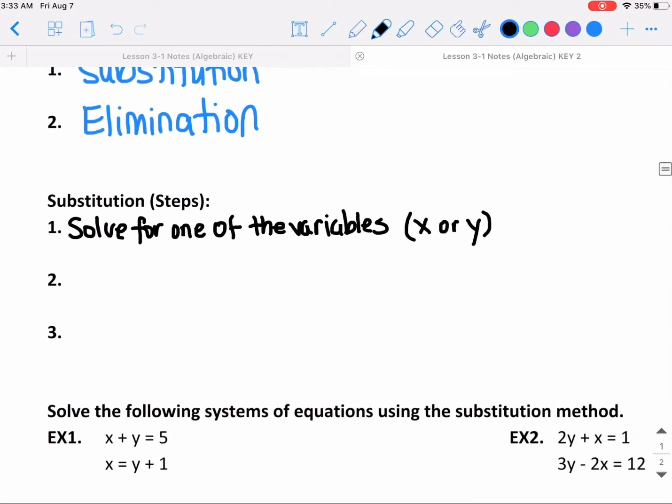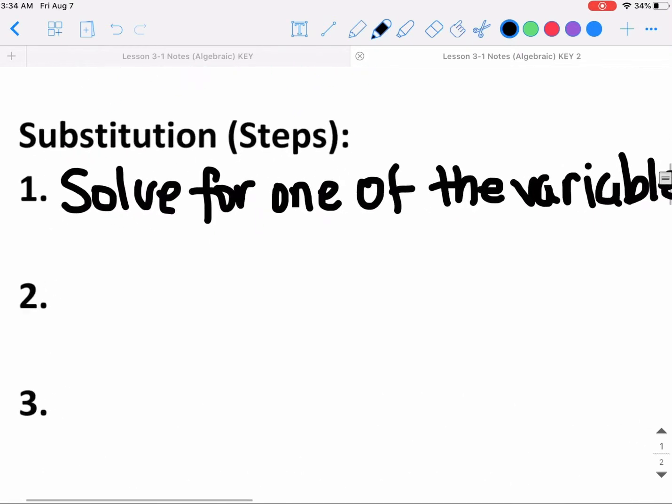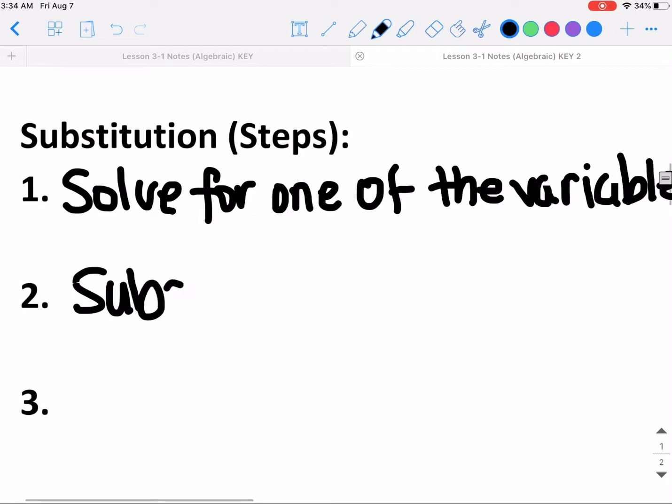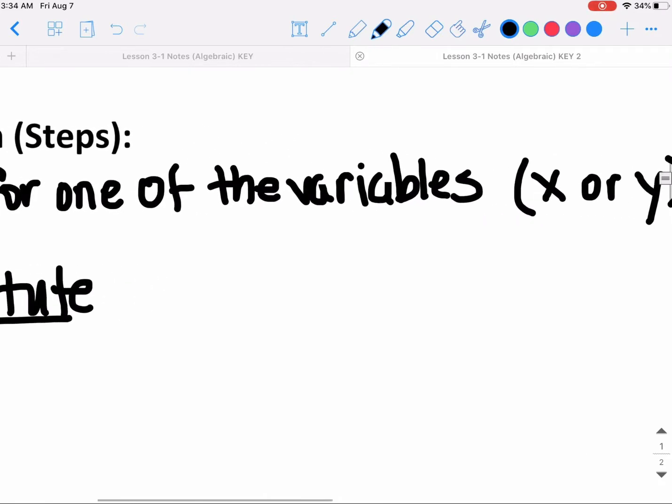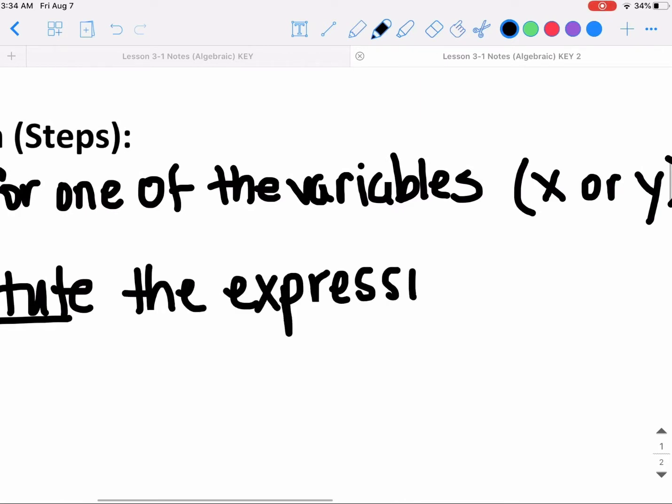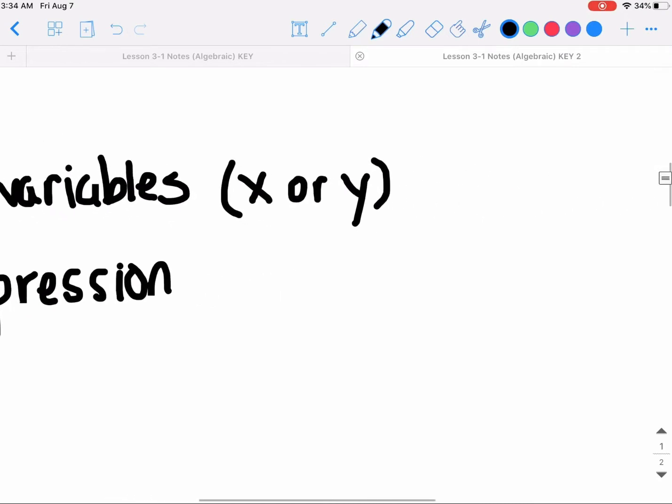After you solve for one of the variables and you get an expression in terms of the other variable, you're going to substitute the expression into the other equation.